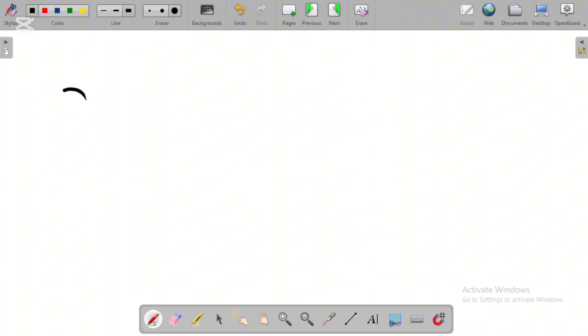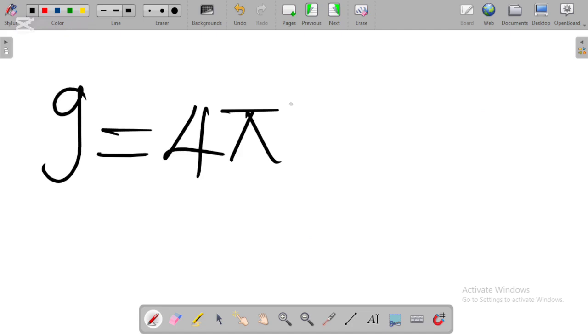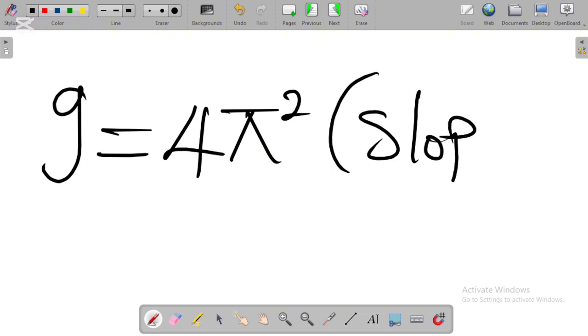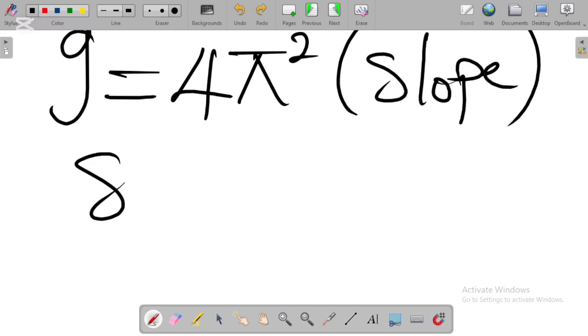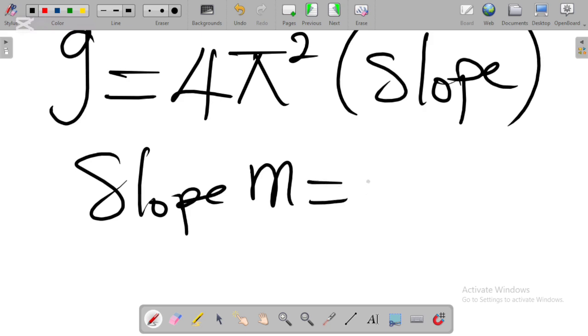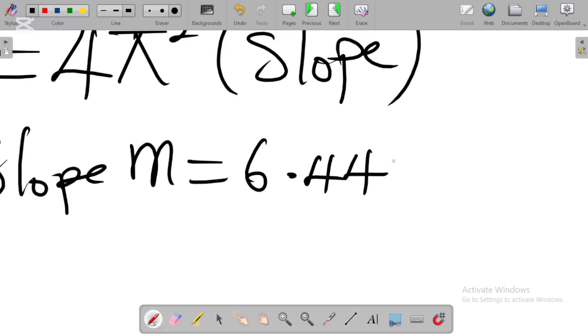So therefore G is equal to 4 pi square, open bracket, slope. Remember that slope M is equal to 6.44. Our slope gave us 6.44 centimeter per second square.